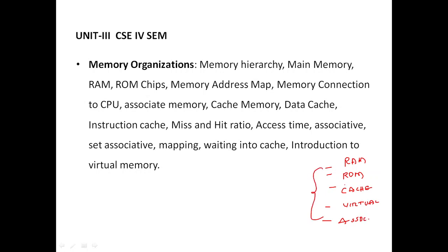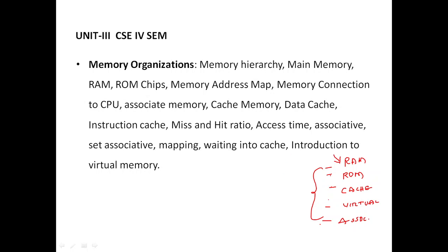Why are we going to make use of so many memories? One memory is not enough. Even though RAM is not enough, why are we going for ROM, cache, virtual, associative? Because in order to have better output, we make use of these different types of memories. I will discuss this in detail when we discuss the third unit.